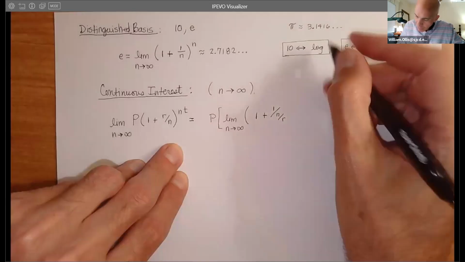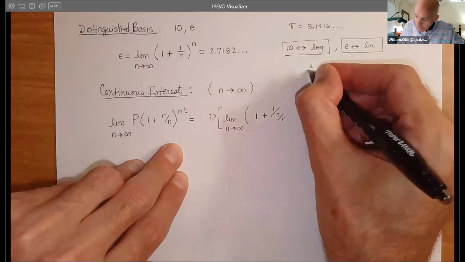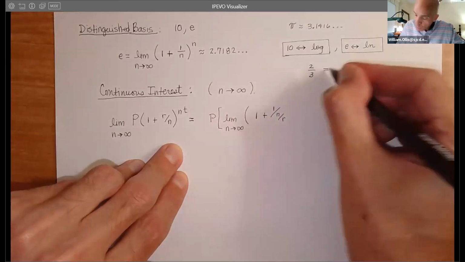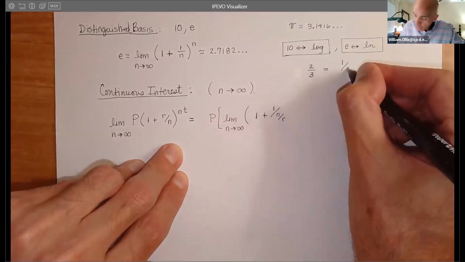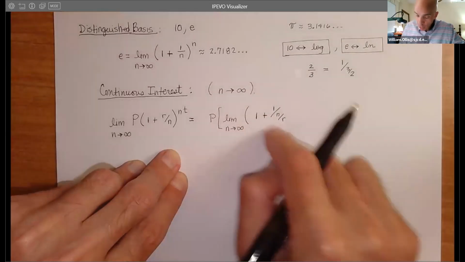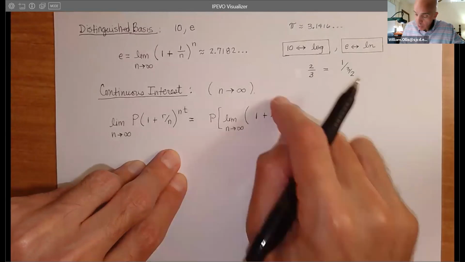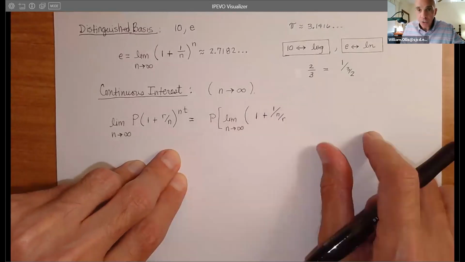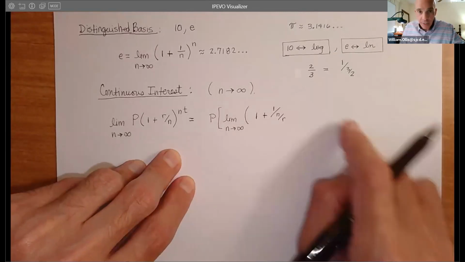If I had 2/3, but I wanted to write it with 1 in the numerator, I would just say 1 divided by 3/2. That's basically what I've done here. I've taken r over n and written it as 1 over n over r, which is basically the same thing as looking at a fraction 2/3. So that's what I've done here.